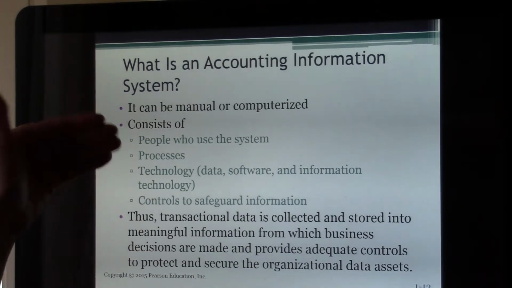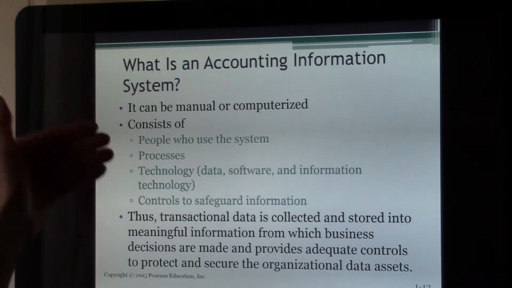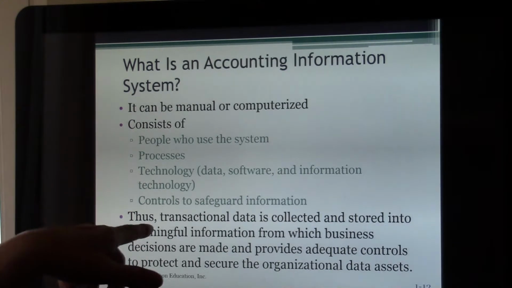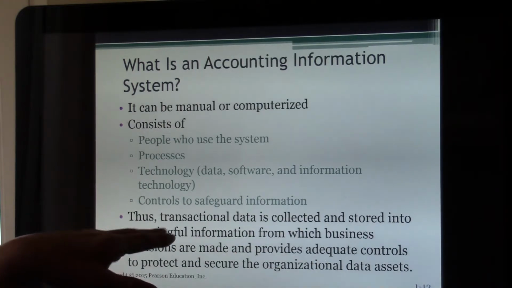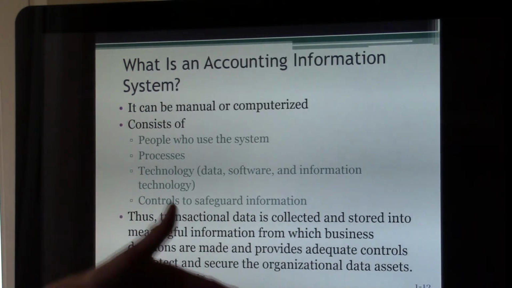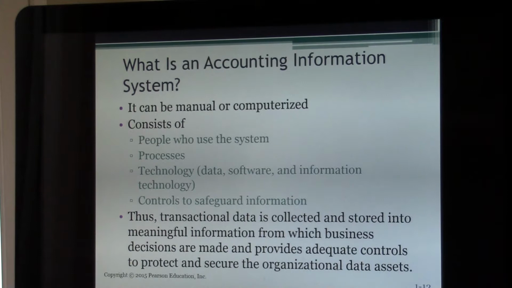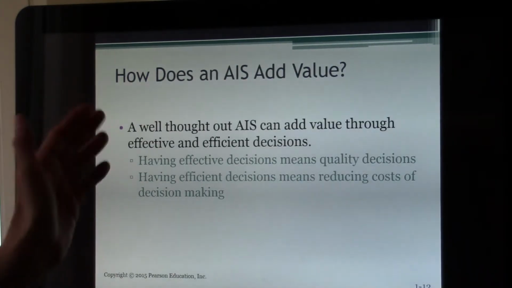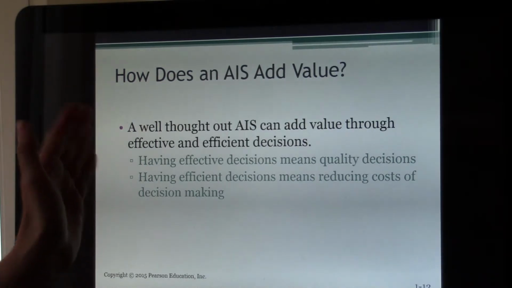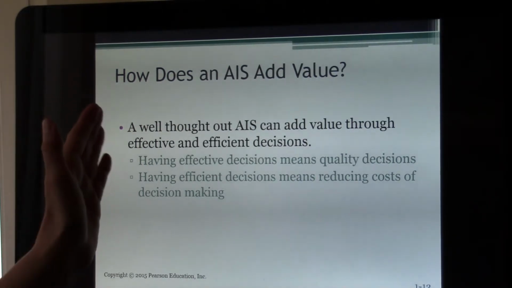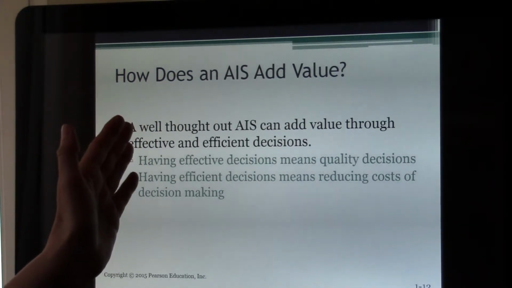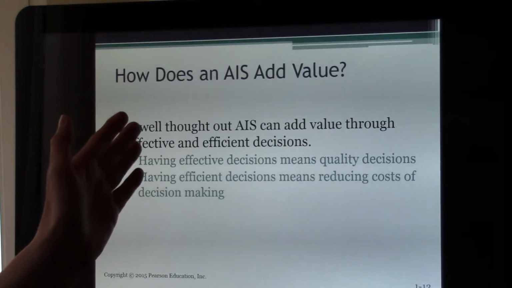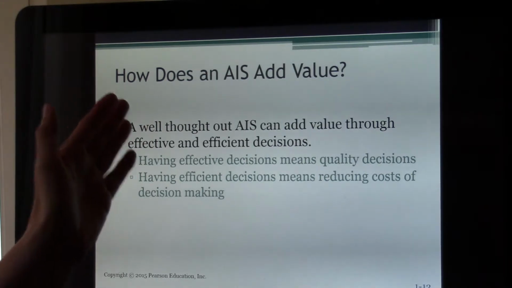It's the collection of the people, the processes, the technology, and the controls that handle the accounting. So transactional data is collected, it's stored, it's made meaningful, and the information then has the qualities we want. AIS adds value because it makes it more efficient and effective, right? You can imagine if I'm a store manager and I need to know, gee, do I need to go purchase some more stock for the stock room, or do we have enough stock?